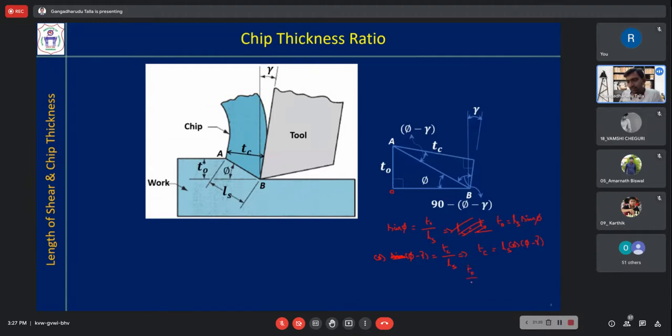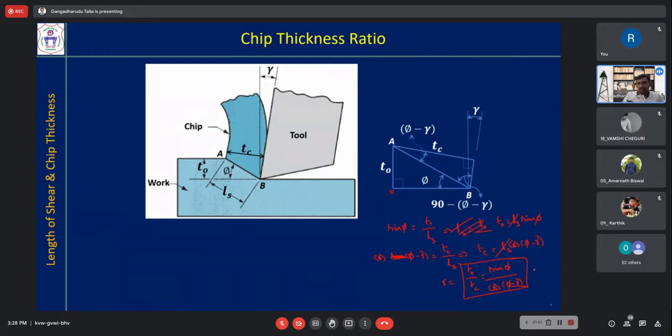So simply take T0 by TC. These two LS will get cancelled. So it will be sine phi by cos of phi minus gamma. This is represented with small r. So that is called the chip thickness ratio.